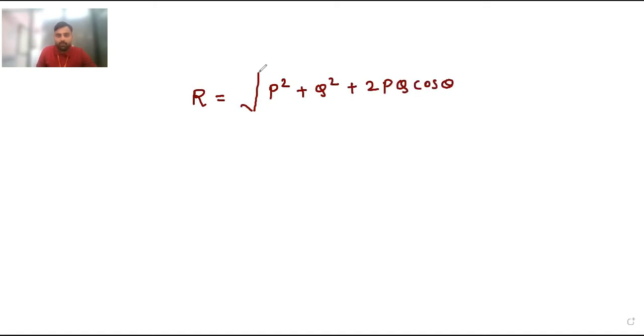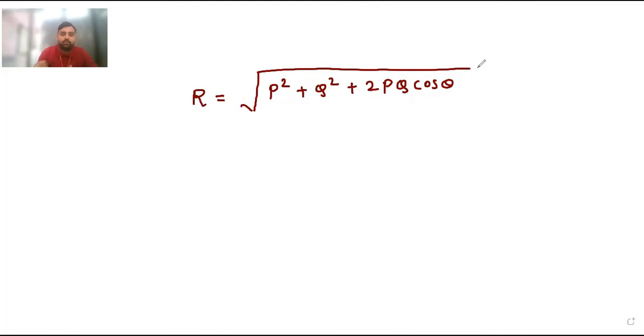Where P is the magnitude of one force, Q is the magnitude of another force. In some books they use the notation F1 and F2. It doesn't matter. You can use PQ, F1, F2, or AB, whatever it may be. Cos theta, theta is the angle between the two forces.